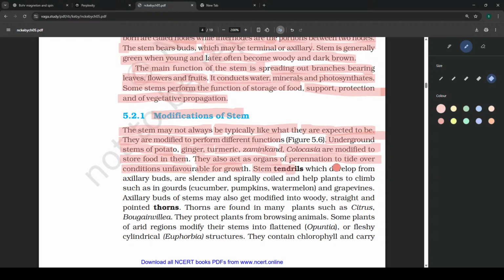Stem tendrils, which develop from axillary buds, are slender and spirally coiled and help plants to climb, such as in gourds, cucumbers, pumpkins, watermelon, grapevines, etc. Okay, before that, let's see, they act as organs of perennation. I do not know what that means. Let's check it out.